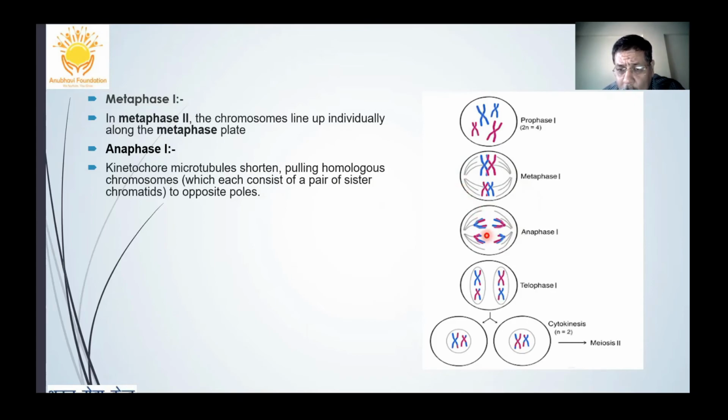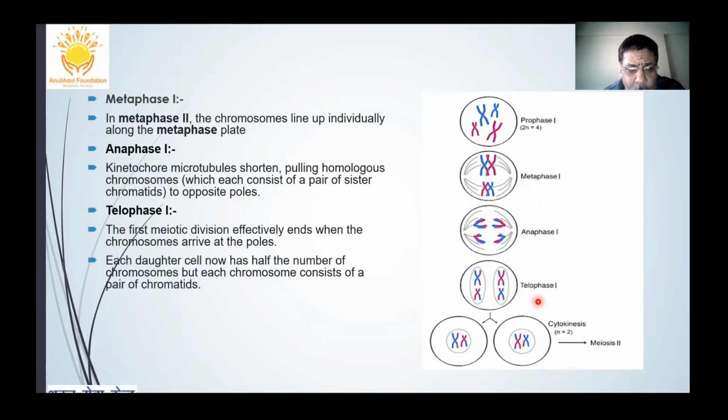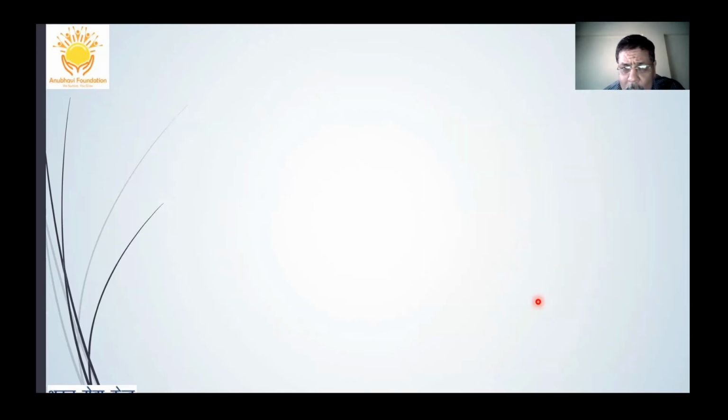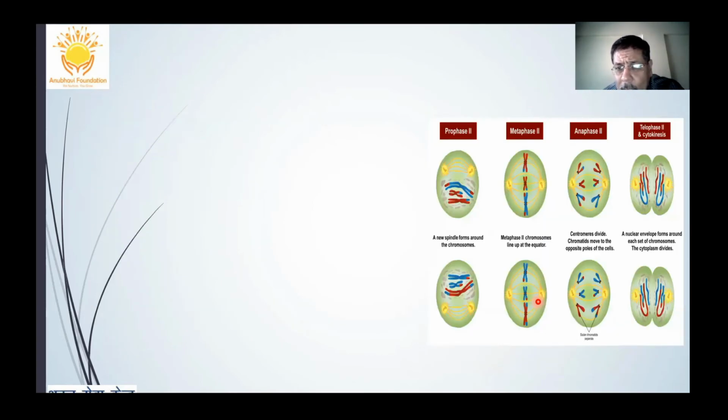So the full chromosome along with sister chromatids will separate. So half the number of chromosomes will reach here, half the chromosome number will reach here at the telophase stage. And after that the nucleus is formed and the cell will divide. That was meiosis 1.